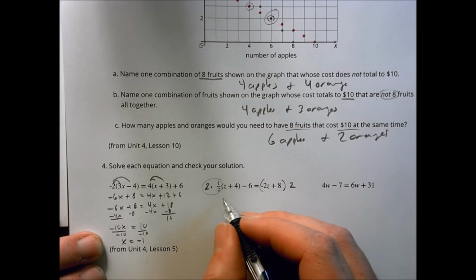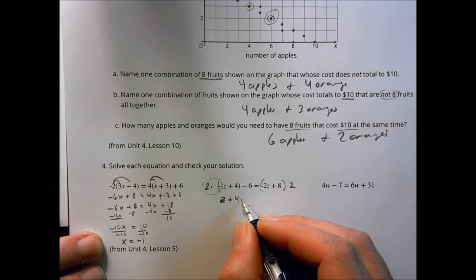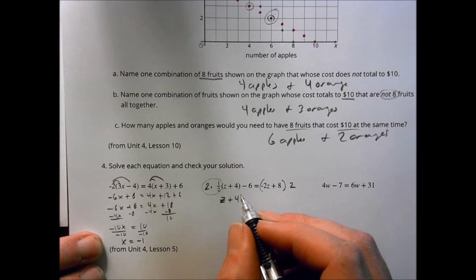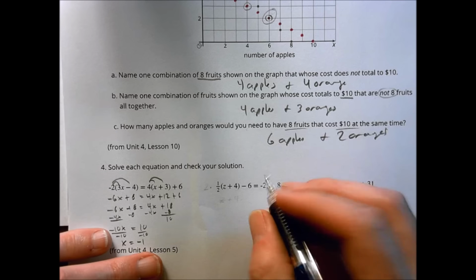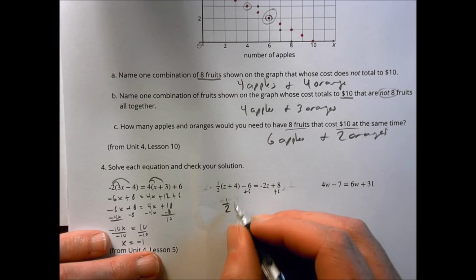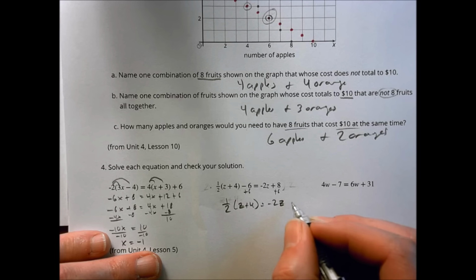So on this side I'm left with z plus 4. Oh, first of all, let's do this before I do that. I got ahead of myself. Sorry, I forgot to look at the problem. Let's go ahead and add 6, add 6. So I have 1/2 z plus 4 equals negative 2z plus 14.